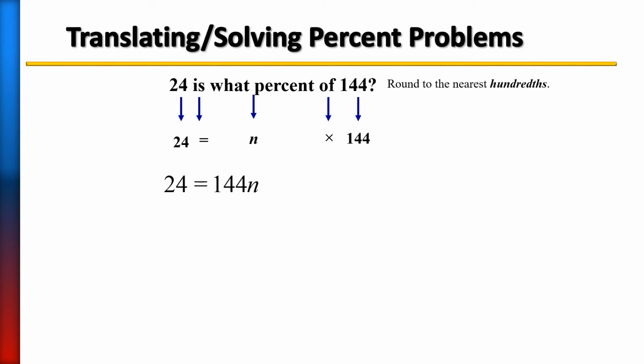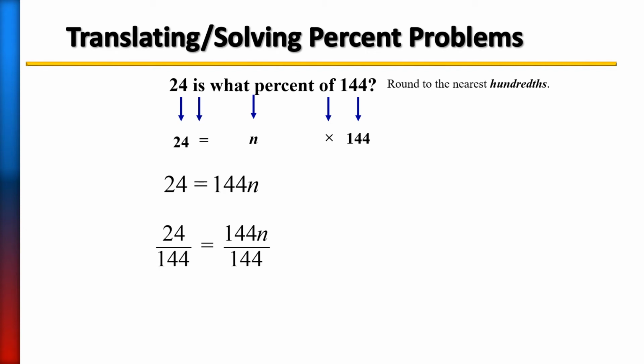So here is our equation. What's our last step to solving this equation? Yes, we need to divide by 144. And recall, whatever you do to one side, you must do to the other. So now on the calculator, we want to do top divided by the bottom, 24 divided by 144.